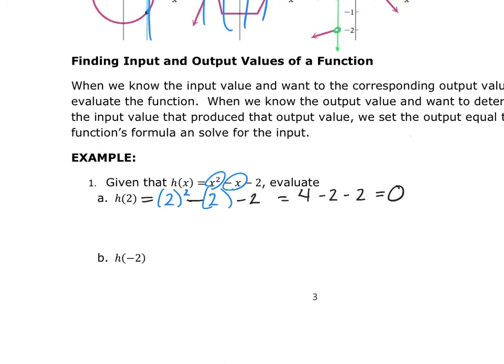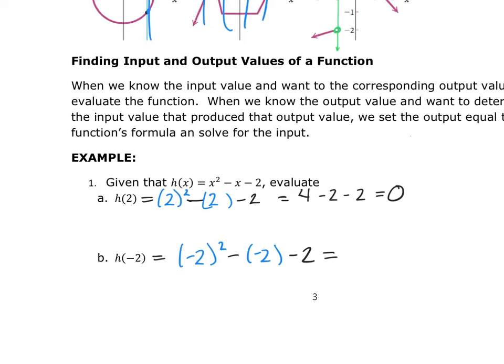Now, when I'm asked to evaluate for a negative 2, I'm going to do the exact same thing. I am going to make sure I pay attention to the negative. So this is going to be equal to negative 2 squared minus negative 2 minus 2. Now, notice with A, I could have gotten away with not putting the 2 in parentheses because it's positive.